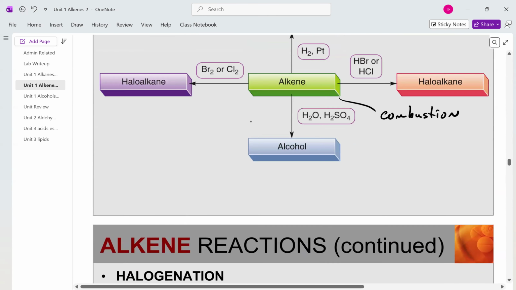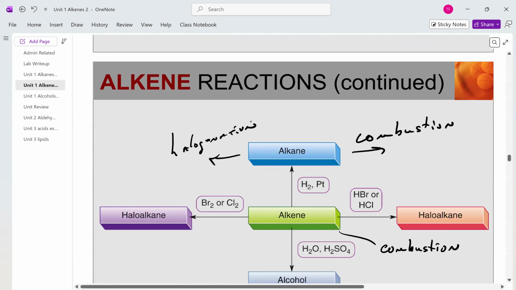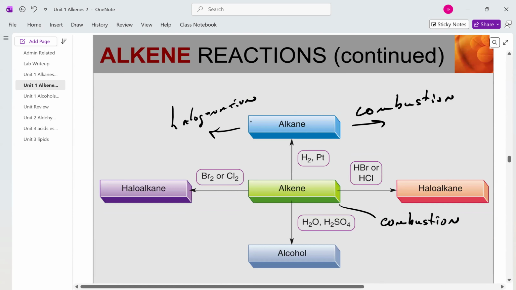Okay, the first one is called an addition reaction. That means we're adding something to the double bond, and we're converting it from a double to a single bond. And then what you're adding to it is added onto each of the two carbons representing the double bond. And there's two kinds of add-ons.